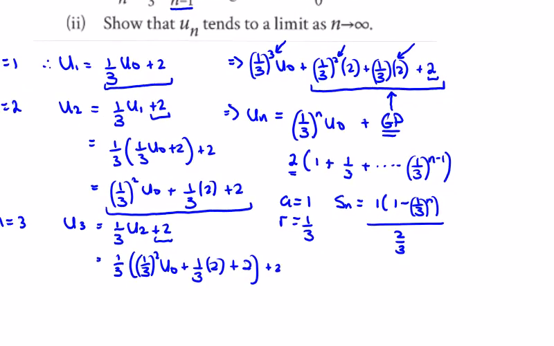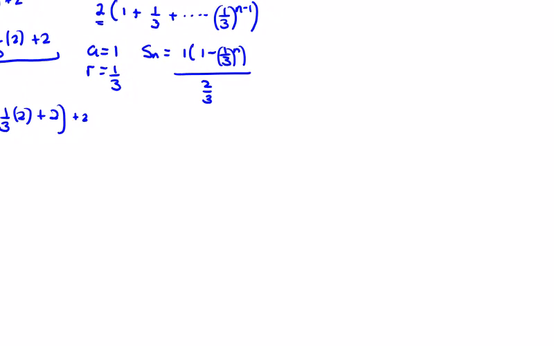So this geometric progression becomes, the 3 ends up on top, the 2 ends up in front of it, this 2 here. So we have 2 times 3 over 2 times 1 minus 1 over 3 to the power of n. The 2's cancel, leaving us with 3 minus 3 times 1 over 3 to the power of n.